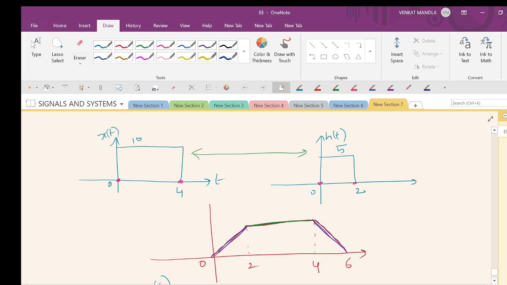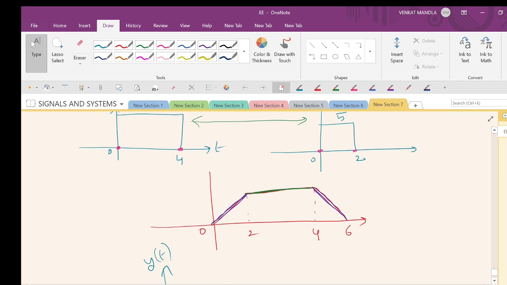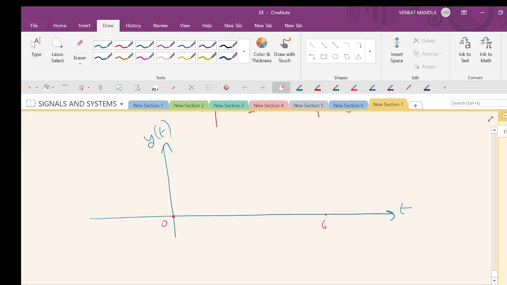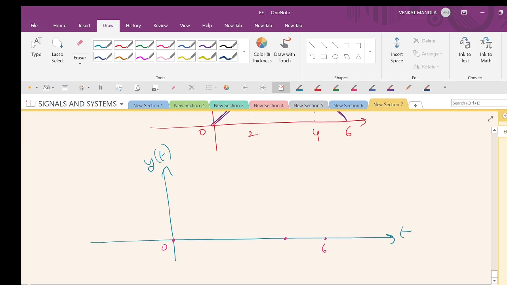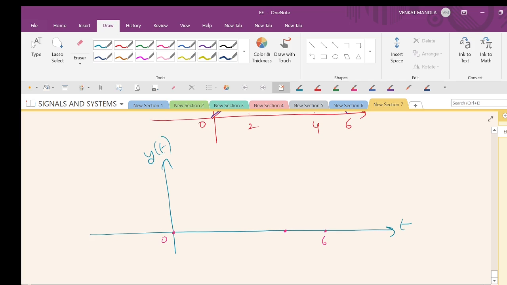This is the smallest pulse width: this one is 2, and the other pulse width is 4. So from 6, going back a width of 2, this width should be the smallest pulse width, 2.